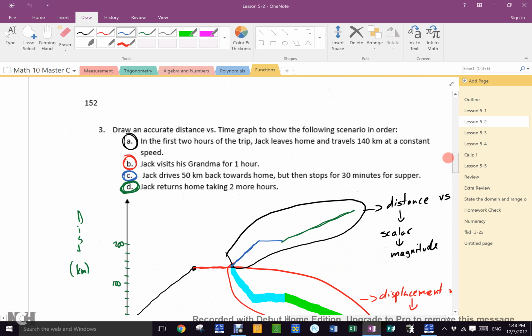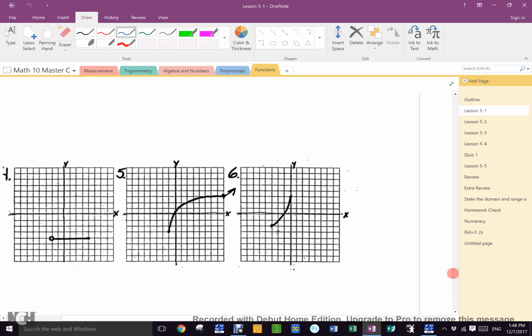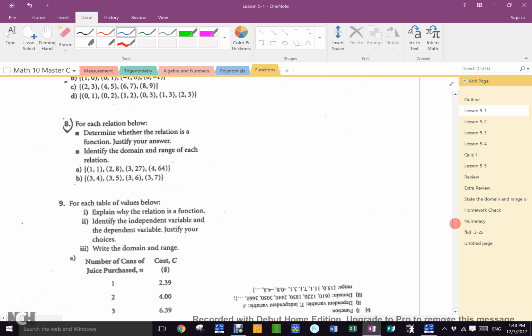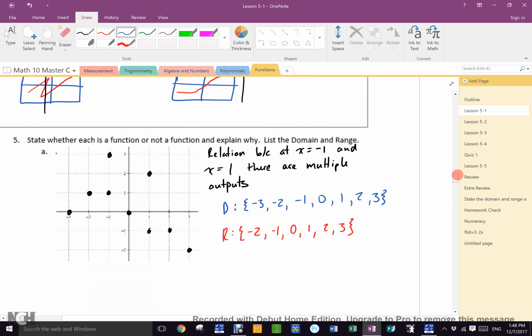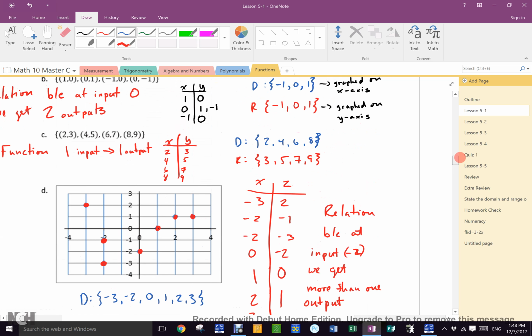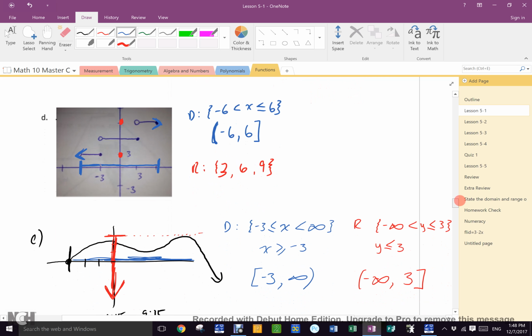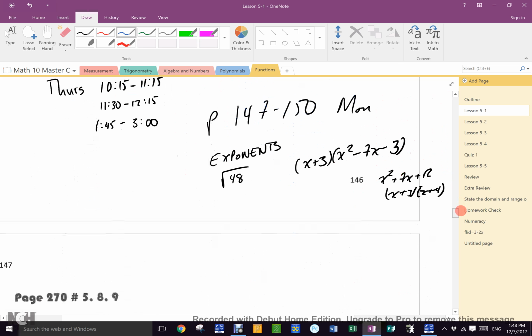I am the worst kind of liar. You have seen that E right here. Maybe you guys hadn't seen that E. The other kids had seen that E. I feel bad now.